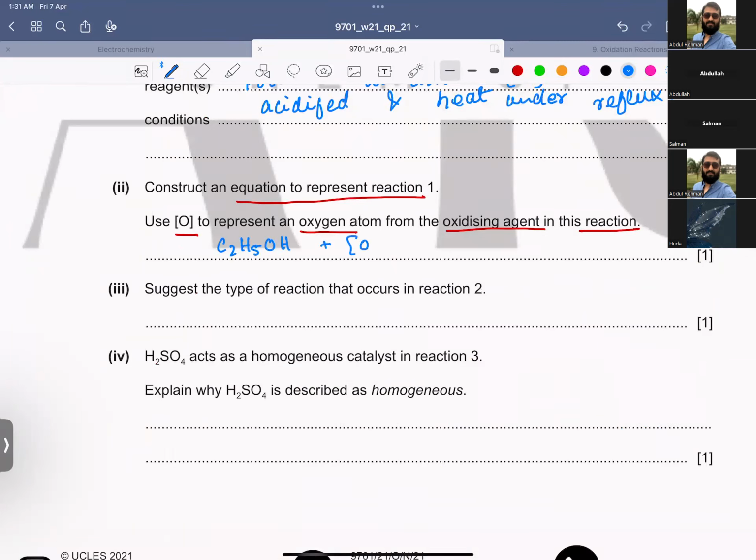We showed that we got atomic oxygen. So here I would get CH3COOH, a carboxylic acid.